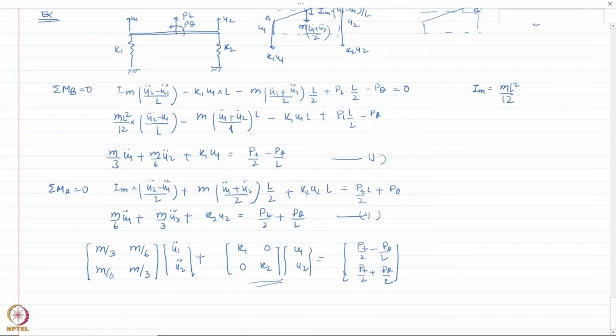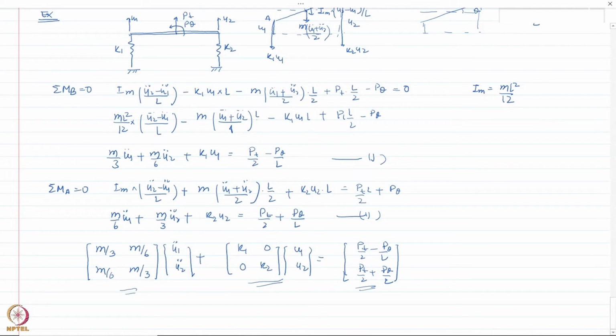However, if you look at this mass matrix, it's a non-diagonal matrix. And the forces also, you do not directly get the force Pt and P theta. This is basically the implication of how you define your degrees of freedom. Because the degrees of freedom in this case were directly above K1 and K2, which represent the deformation in the two springs, I get a diagonal stiffness matrix.